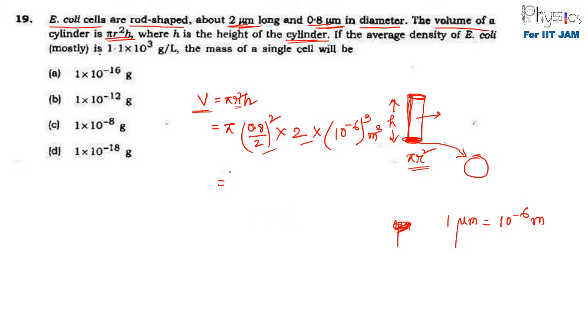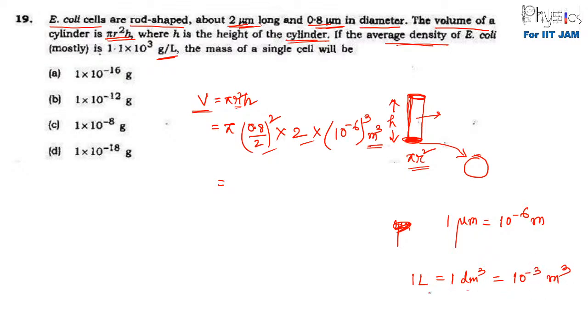Now see, the density, average density is given in gram per liter, right? Gram per liter. So we have to convert this meter cube in liter. Now what is liter? How to convert it? We know 1 liter equal 1 decimeter cube, right? Or 10 to the power minus 3 meter cube, right?